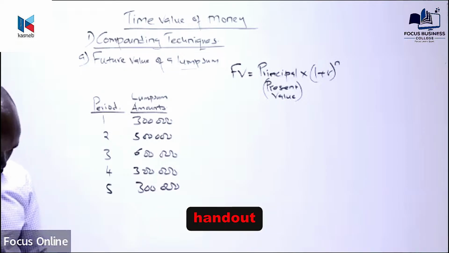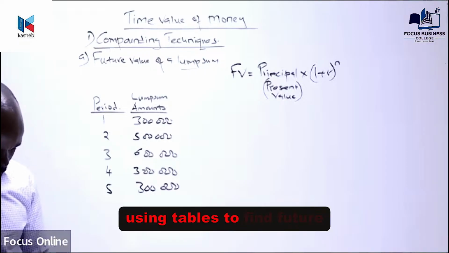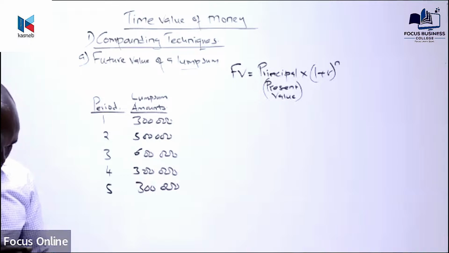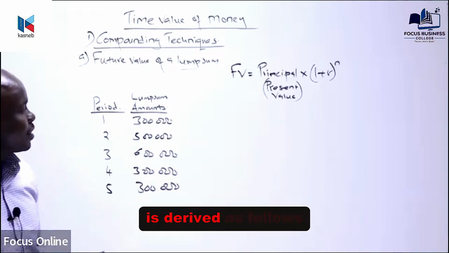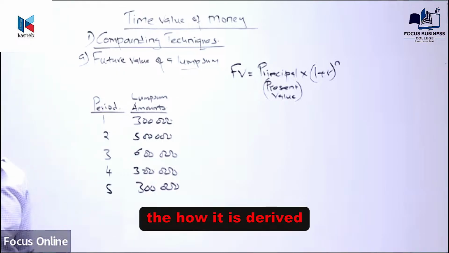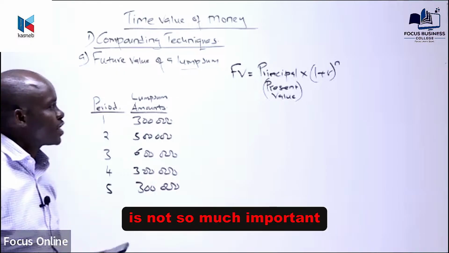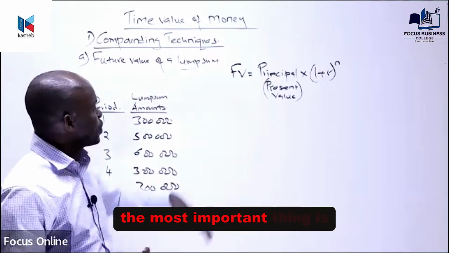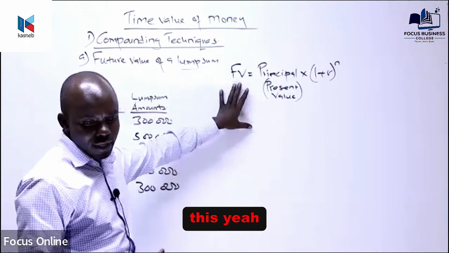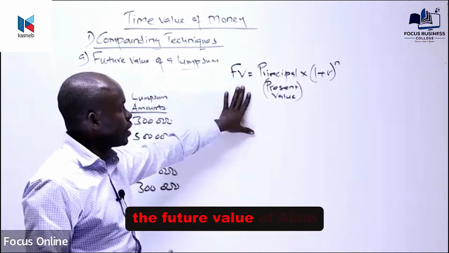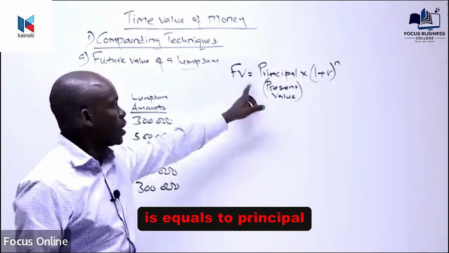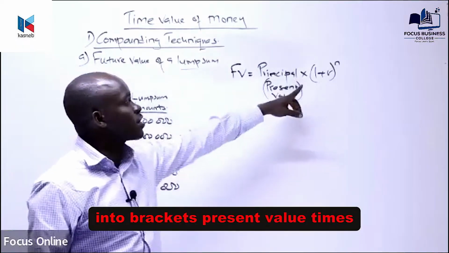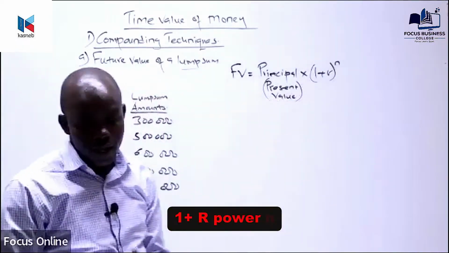The equation for finding future values of a single amount is derived as follows. How it is derived is not so much important to us. The most important thing is this: this is how we get the future value of a lump sum. Future value of a lump sum is equal to principal, present value, times 1 plus r power n.